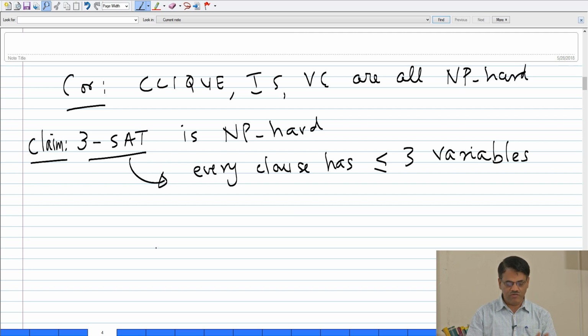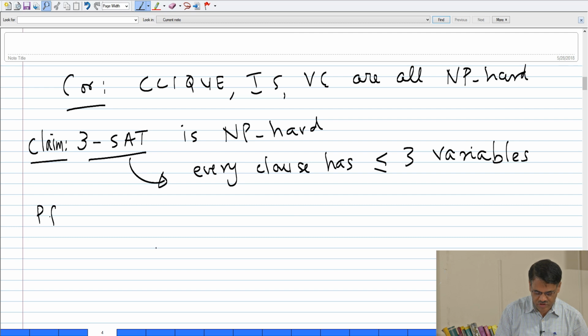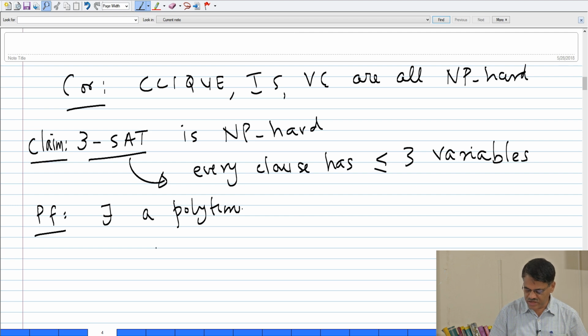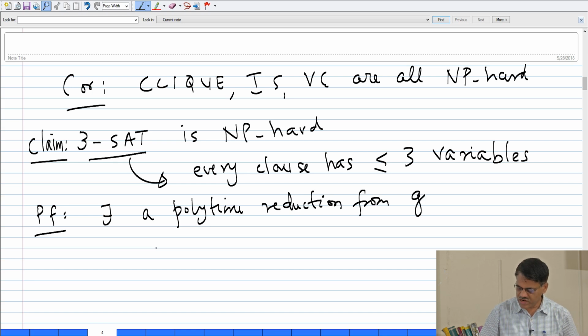Okay. Let me give you an argument of why, or give you a reduction. Maybe I won't give a complete proof of it. So let's say I want to show this from general SAT, what should I do? The proof I want to give is that there exists a polytime reduction from general CNF SAT to 3 CNF SAT.